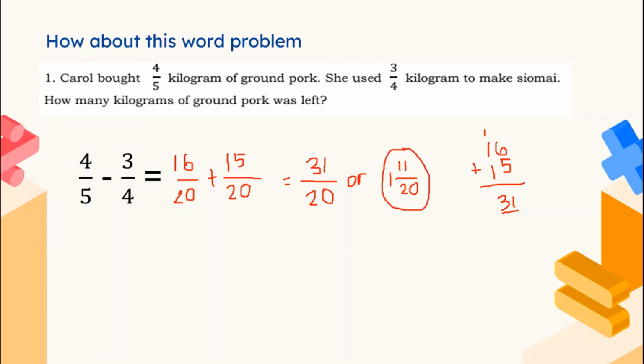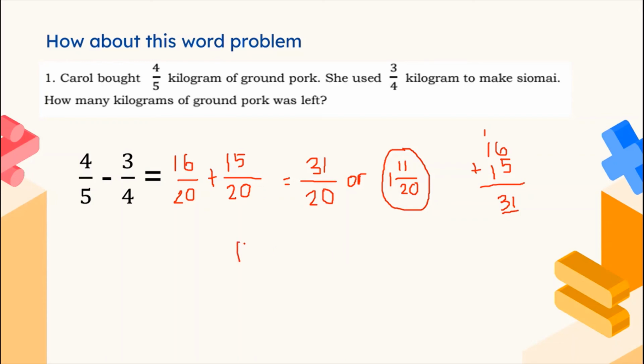So how many kilograms of pork were left? That is 1 and 11 over 20.